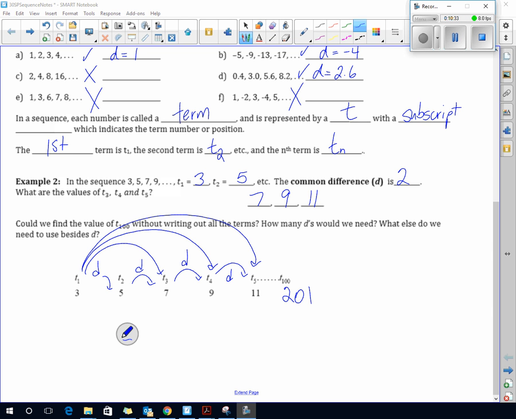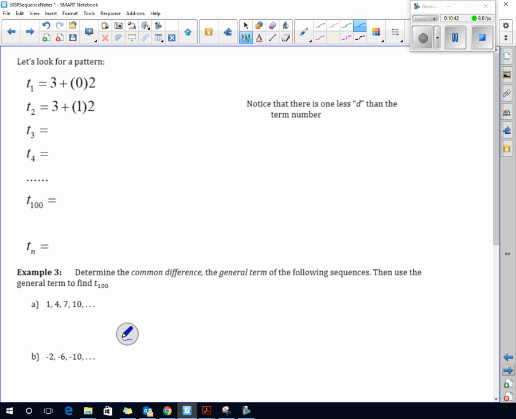Okay, so again, if you don't understand it, we'll do it in detail here. Does everybody see the first term has no differences, so there's no difference times 2, because d was the common difference, right? The second term was the first term plus one difference. So the third term is 3 plus 2 times the common difference.